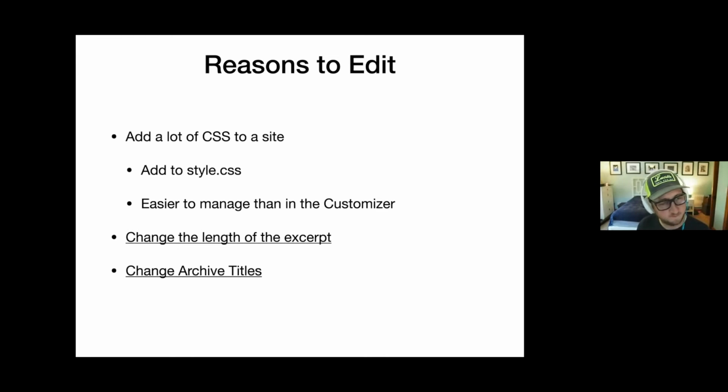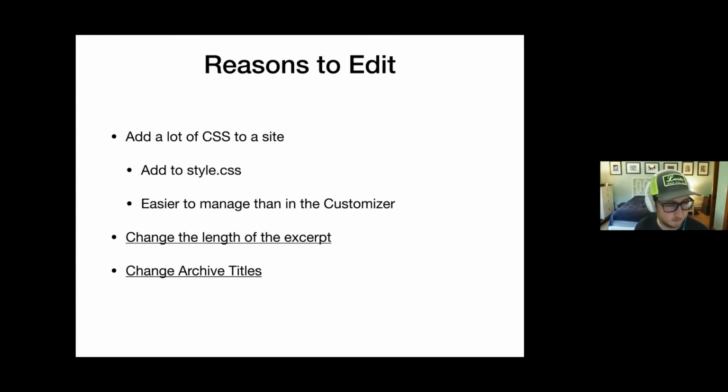And then we had a few examples here. We are going to share these slides after. These last two bullet points are links to articles on how to do these things. So changing the length of the excerpt, for example. When you go to your blog homepage and you get the little excerpt underneath the title and you want to change the length of that, there is a little PHP snippet you can throw in there.